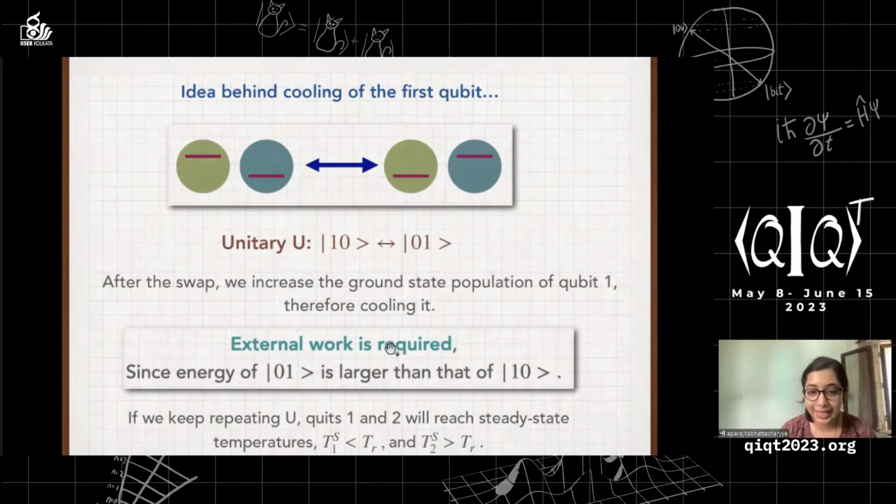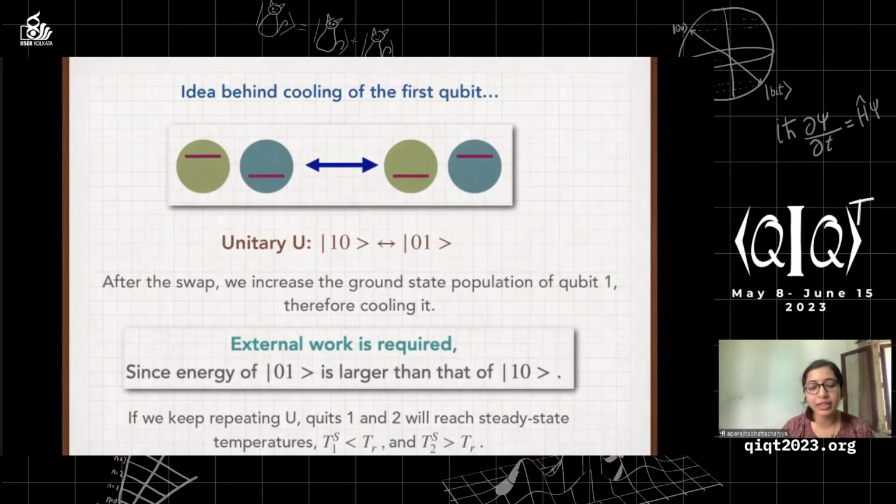Therefore, some external work, that is, an external source of energy, is required for this unitary operation. Since the energy of 0,1 is larger than that of 1,0, some energy has to be supplied from outside in order to perform this swap operation.